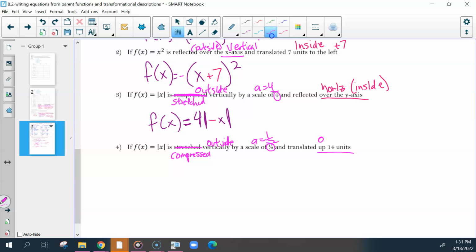Well, up is also outside, and we'd be adding 14. So that means there should be nothing on the inside of this one. We have f of x equals, on the outside we have our 1/2. On the inside we have the absolute value of x, and on the outside we have plus 14.